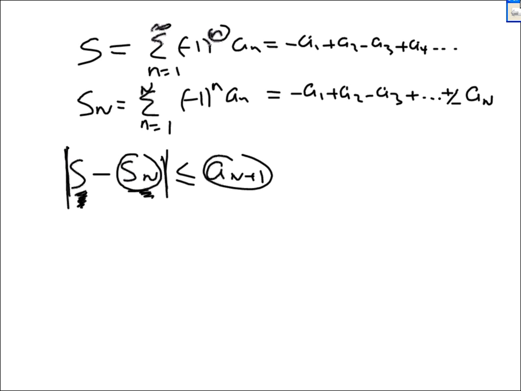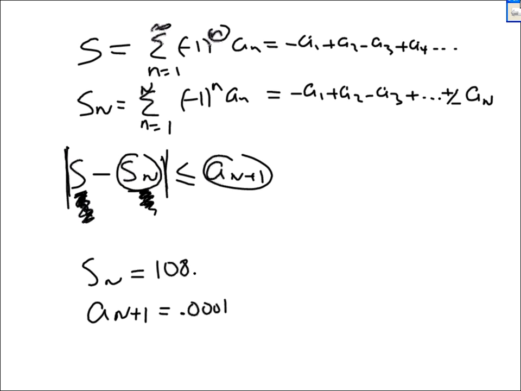I can guarantee you the difference between the real actual sum, which you may not even know, and the sum of the first N terms. Suppose S sub N is 108, and suppose that a sub N plus 1 is 0.0001.